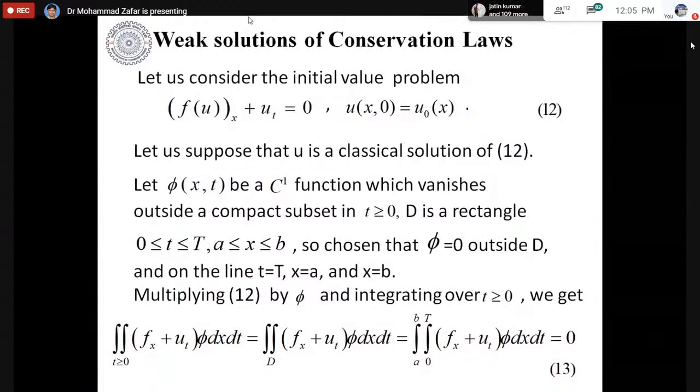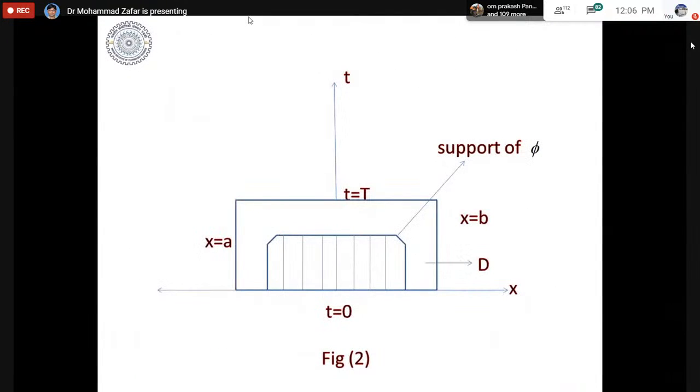So this becomes a double integral over the rectangle D, because phi is 0 outside D and on lines t equal to T, x equal to a and x equal to b. So further it can be written with D as the rectangle, x from a to b and small t from 0 to T: the double integral of (f_x plus u_t) phi dx dt equal to 0. Please proceed to the next slide.